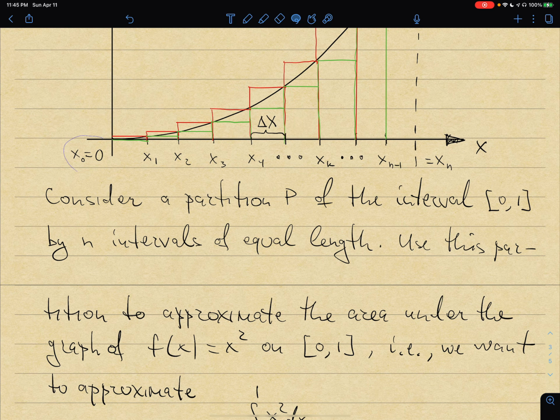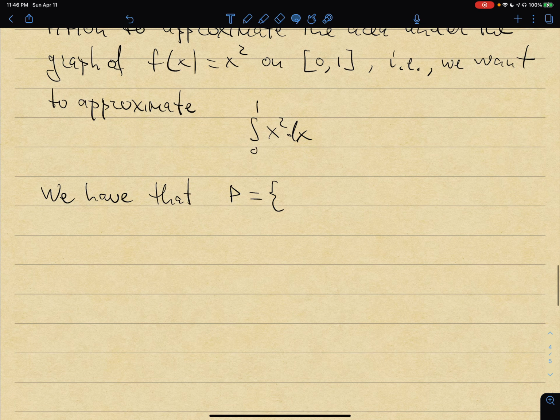If I label my initial point x0 and my final point xn, that means that I have n intervals between 0 and 1, and I have n plus 1 points, right? Because if I start counting points from x0 and I end up with xn, the overall number of points is n plus 1.